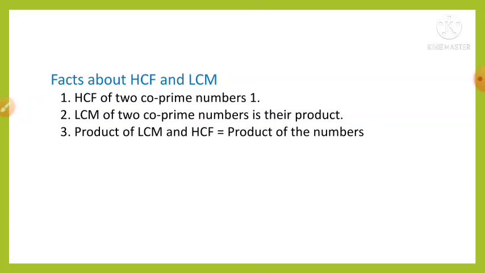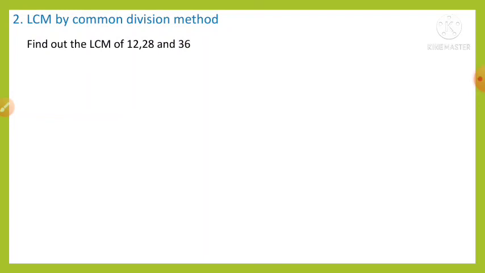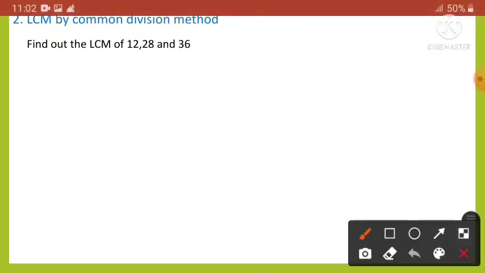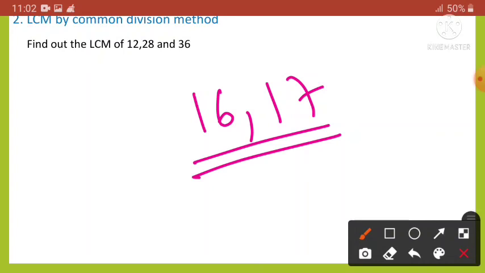So if we talk about the properties of LCM, we have seen that the LCM of co-prime numbers is their product. Okay, we know co-prime numbers are numbers, suppose 16 and 17, whose common factor is 1, they are divisible by 1 and themselves only. So the LCM of co-prime numbers is their product.